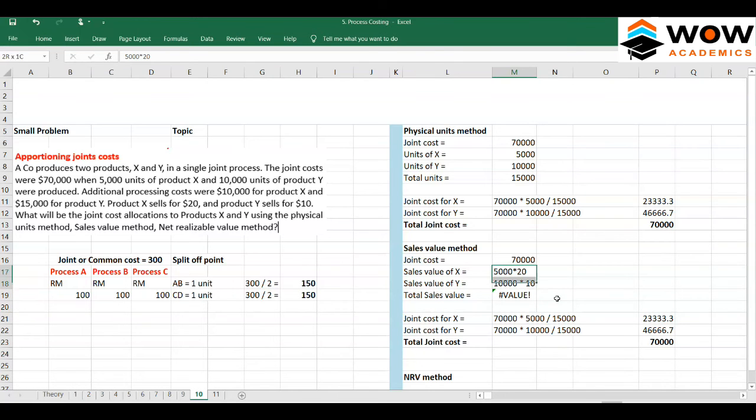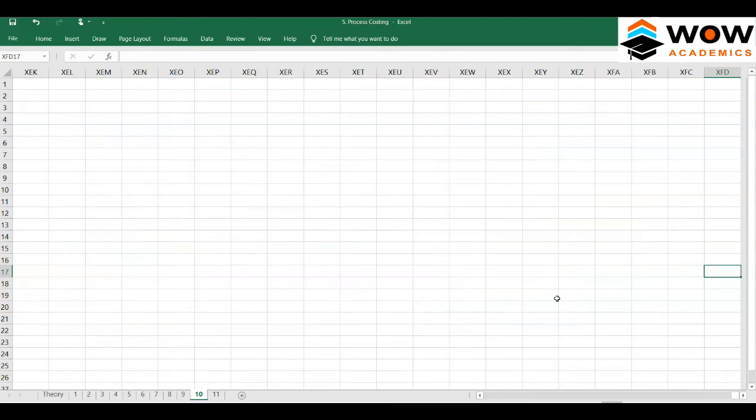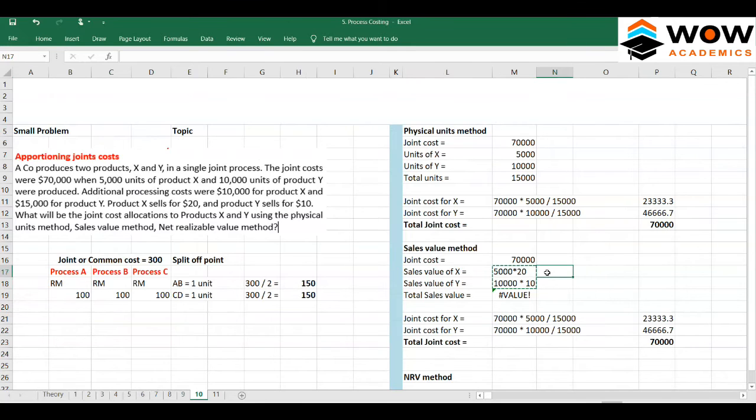So let's get the sales value. So sales value of X is 1 lakh and Y is 1 lakh. So both are like same. It comes to 2 lakhs.